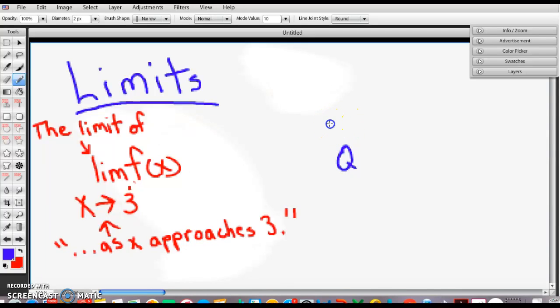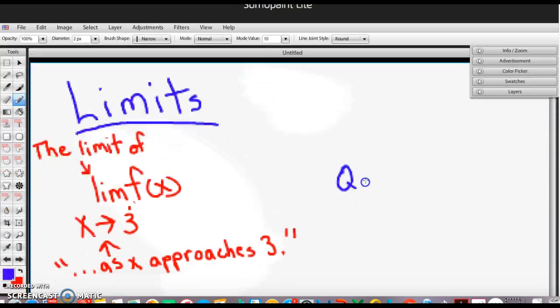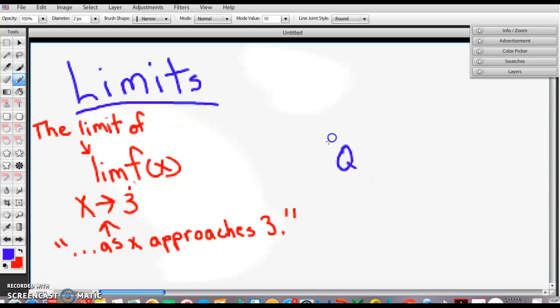So let's say that this is our electric field. And when you're talking about electrostatic forces, you always have to take into consideration the electric constant. It's always present.